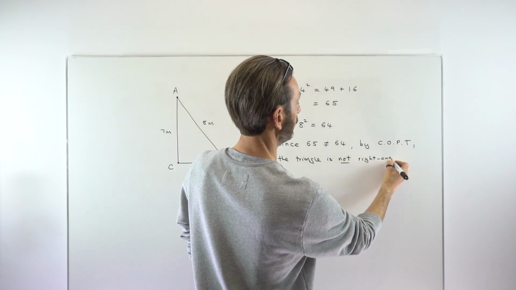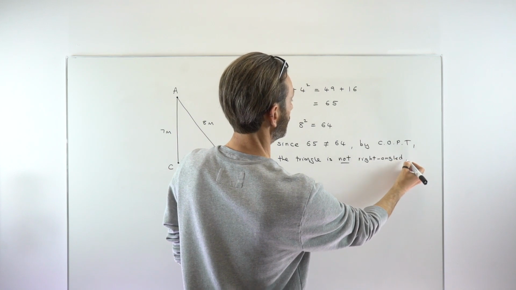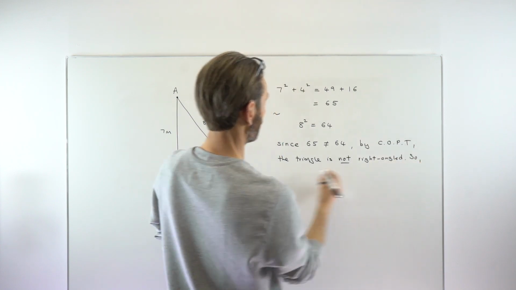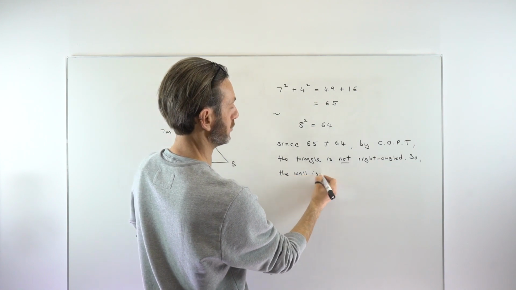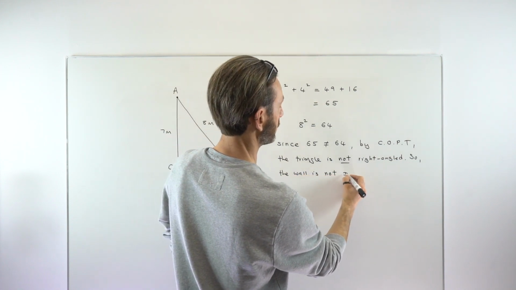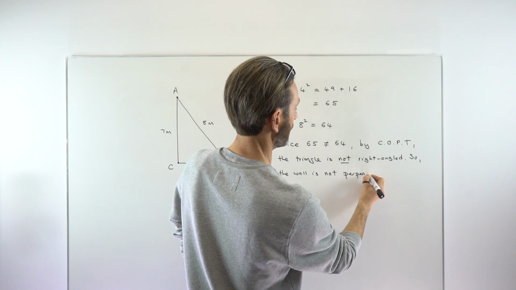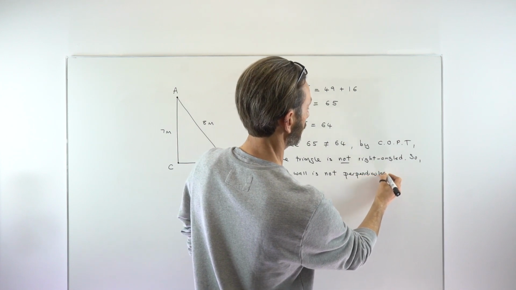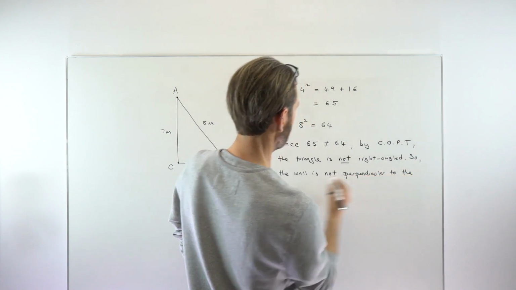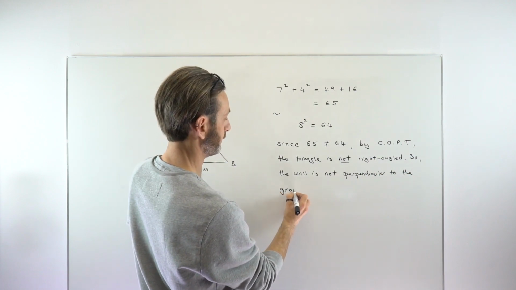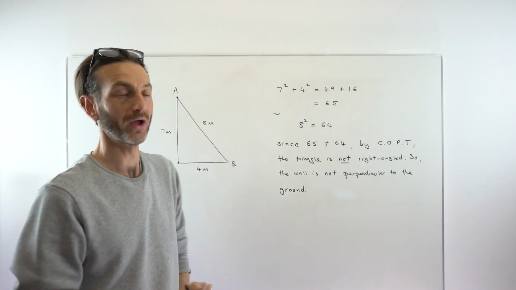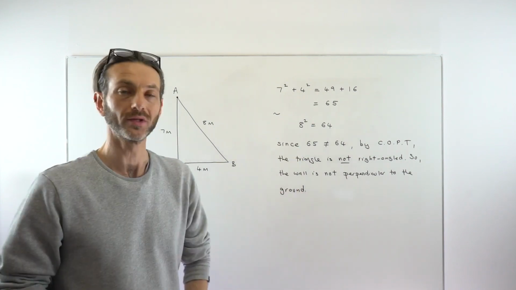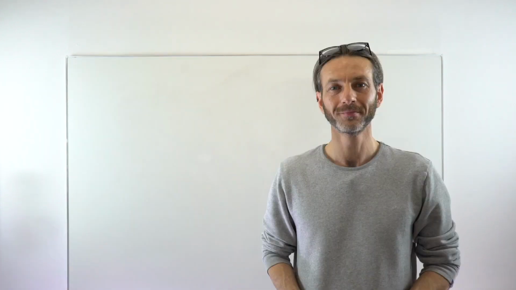And then I guess to fully respond to this question, you would need to then say something like, so the wall is not perpendicular to the ground. So fairly straight up use of the converse of Pythagoras, and then some kind of statement just to tie that all together.